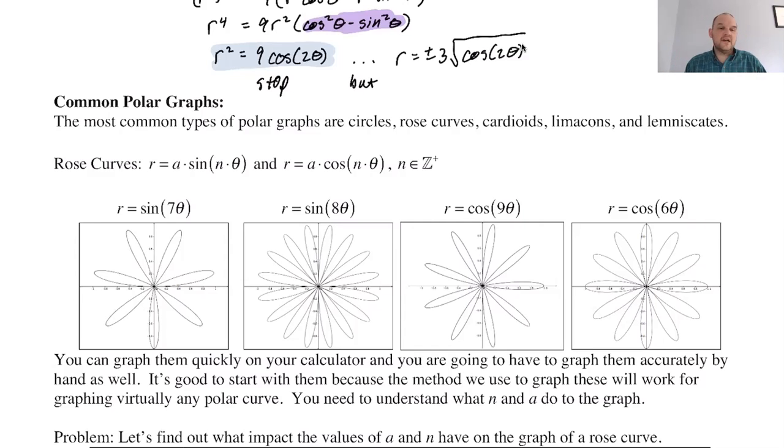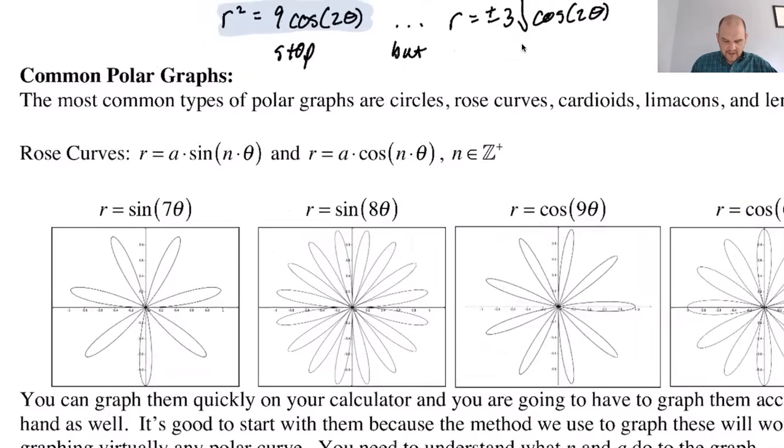The next most common, I would say, are rose curves. Rose curves look really neat. They don't particularly look like roses to me, but whatever. So they all have equations that are very, very similar. And you have to be really careful, right? So all rose curves have equations that look like r equals a, and then you get either sine or cosine, doesn't matter which, n times theta, but n must be an element of the positive integers.